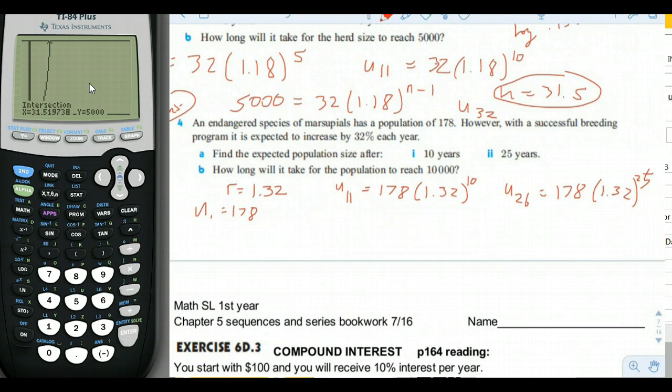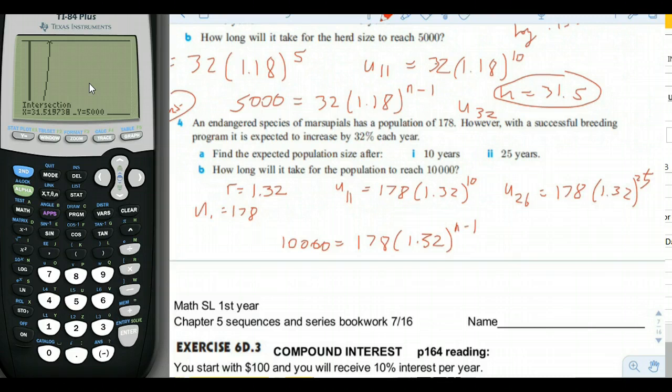How long will it take for the population to reach 10,000? So that would be 10,000, and you could just use your calculator to calculate these others. 10,000 is equal to 178 times 1.32 to the n minus 1.